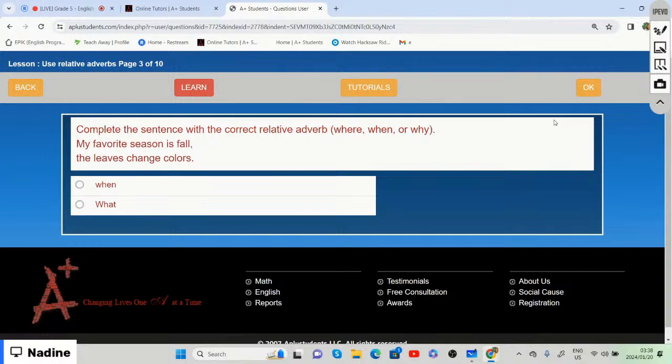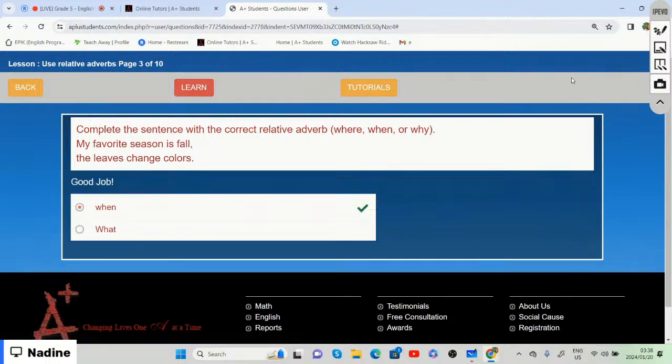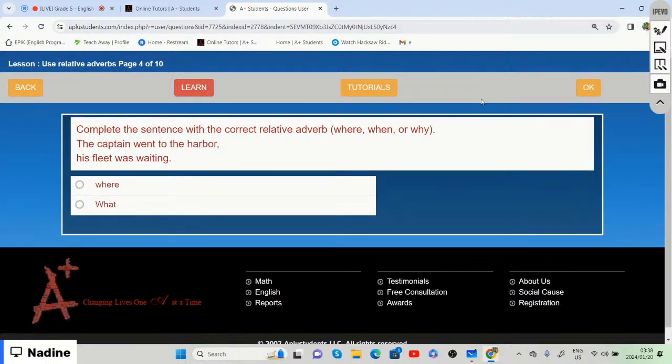Because in fall, the leaves are changing colors, turning orange and brown, before all of the leaves fall off during wintertime. So we say my favorite season is fall when the leaves change colors. And when is correct. Well done.